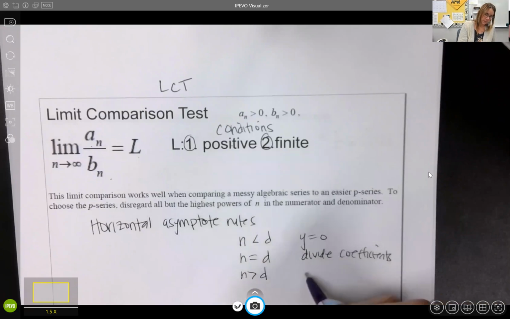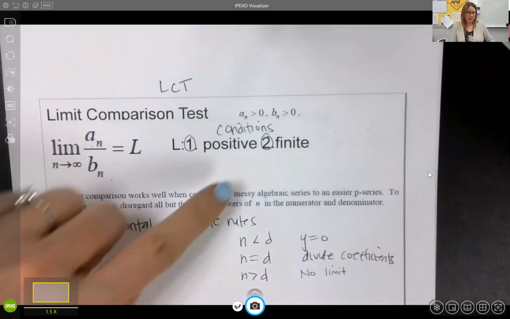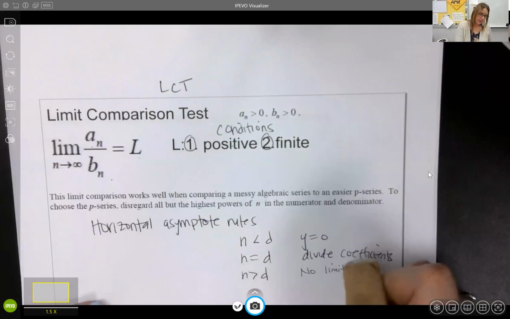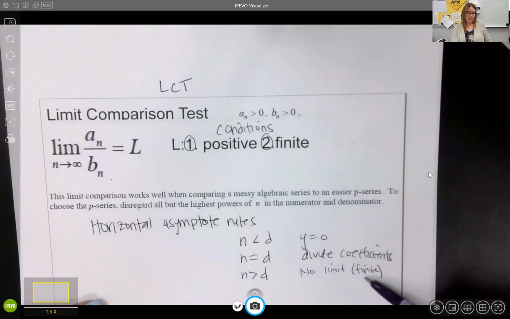It's going to be unbounded, so it's not going to go to a finite limit. So the limit is 0 here. The limit is a finite number here. And then this one's probably infinity or something that's not something that you can divide.